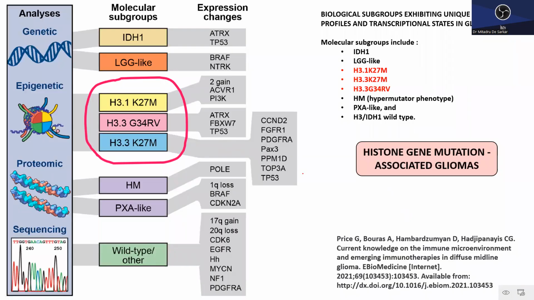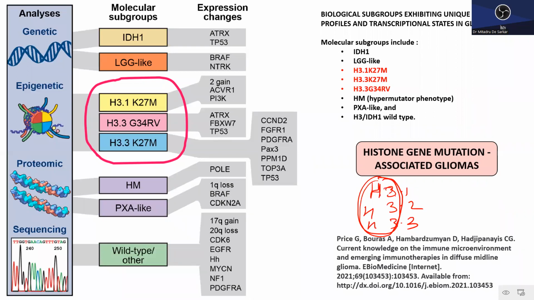So now we talk about the histone gene mutation associated gliomas. The histone proteins basically have 3 variants: H3.1, H3.2, and H3.3. So we shall take away those .1, .2, .3 things, and mostly deal with this H3.